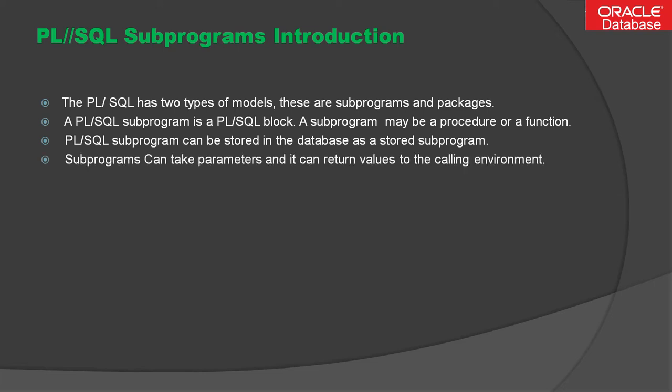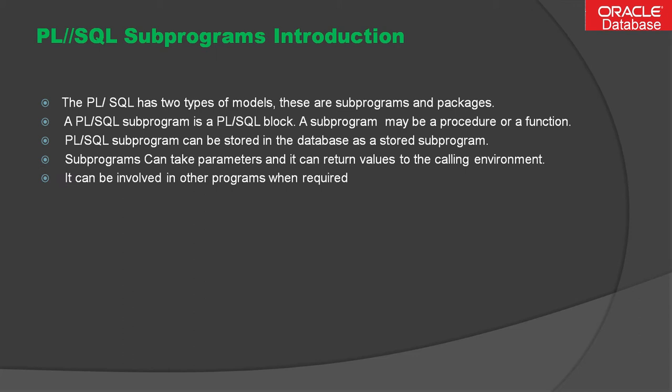Subprograms can take parameters and can return values to the calling environment. Like if you create a function, that function may accept some input parameter, and after processing it may return a result.